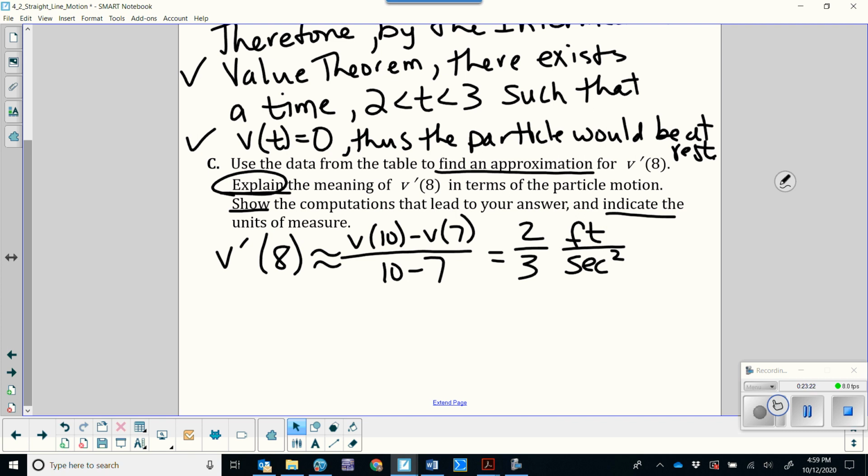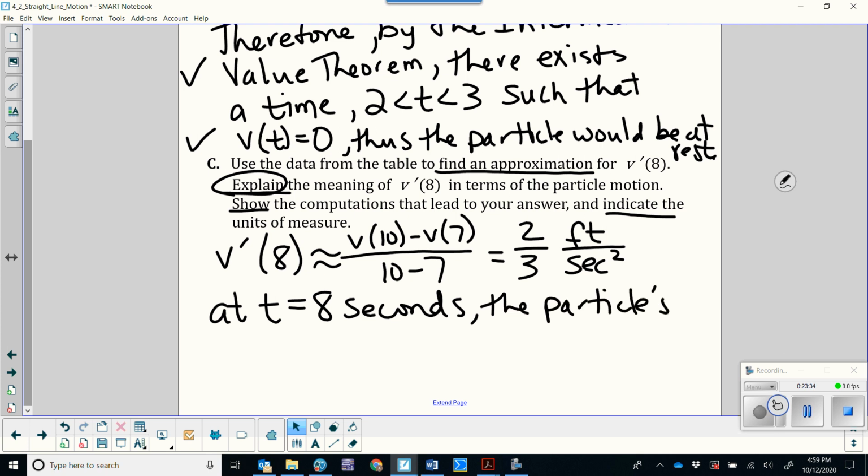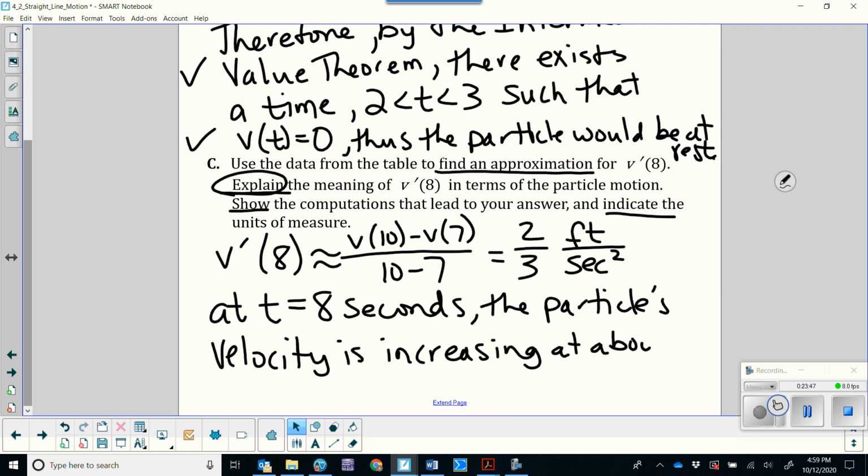So what this would tell me is at t equals 8 seconds, the particle's velocity is increasing because it's positive at about 2 feet per 3 seconds squared.